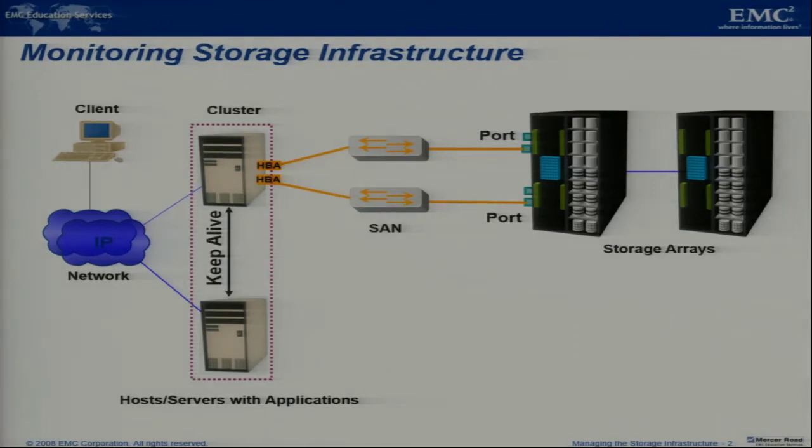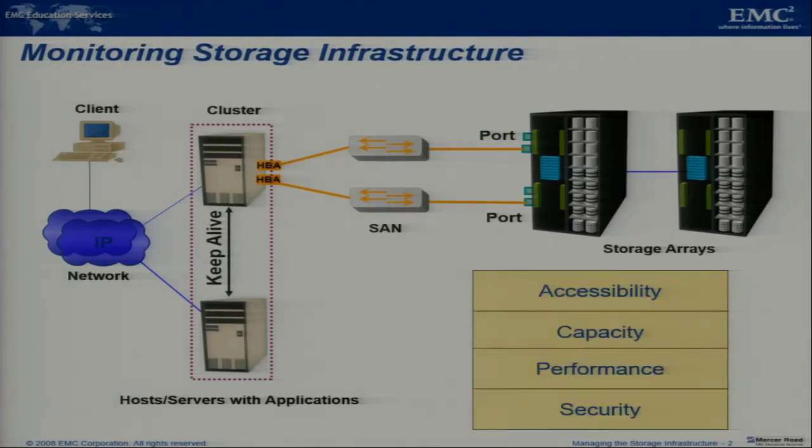So this analysis facilitates the optimal use of resources and proactive management. The resources that are available in the infrastructure have to be used optimally. So what does this help with?